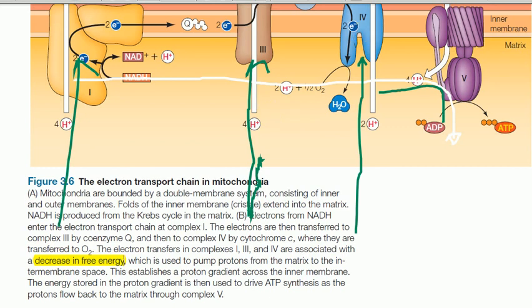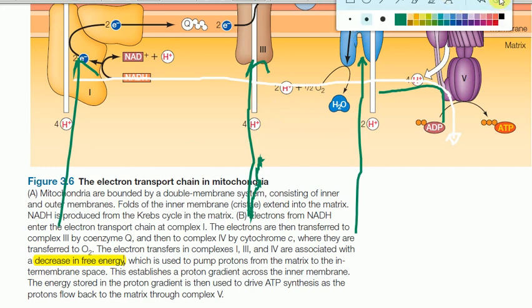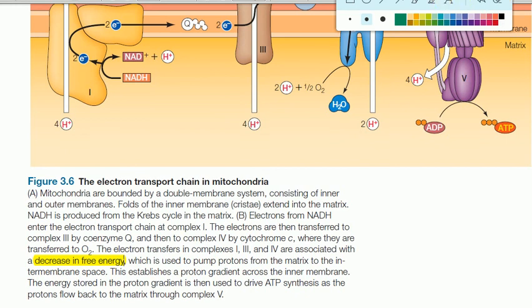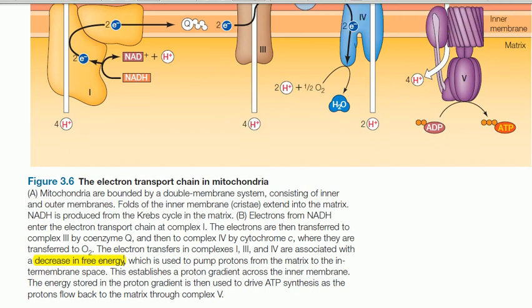So that decrease in free energy is what is used to pump protons, in line with the Chemiosmotic Theory. It is used to pump protons from the matrix to the intermembrane space. This establishes a proton gradient across the inner membrane. The energy stored in the proton gradient is then used to drive ATP synthesis as the protons flow back to the matrix through complex 5.